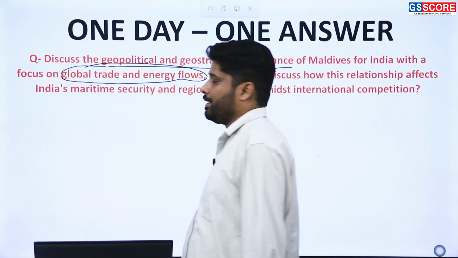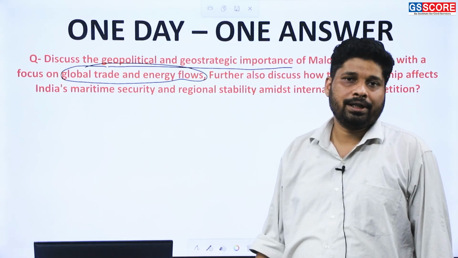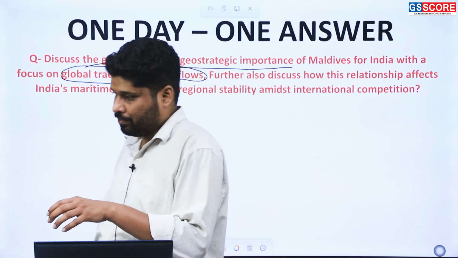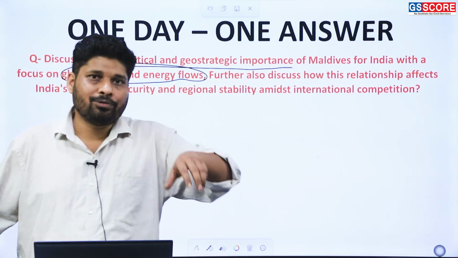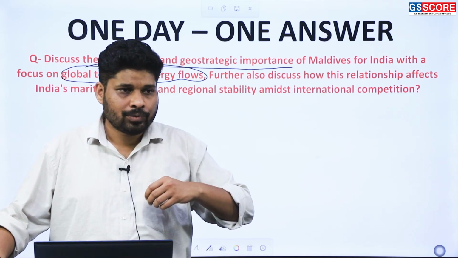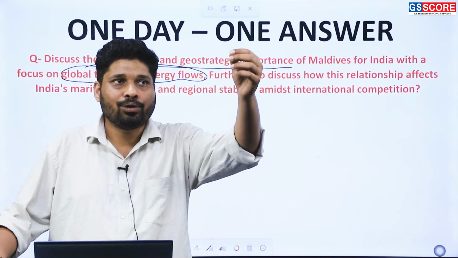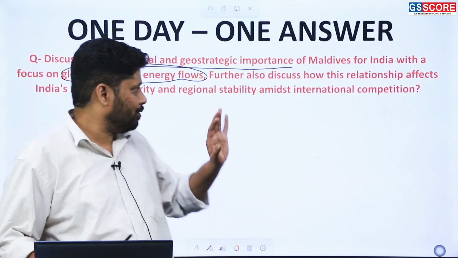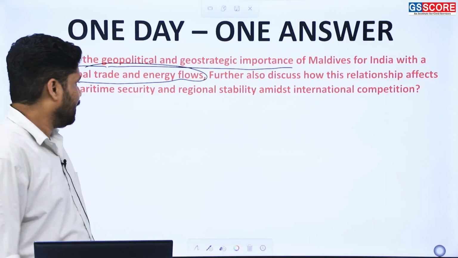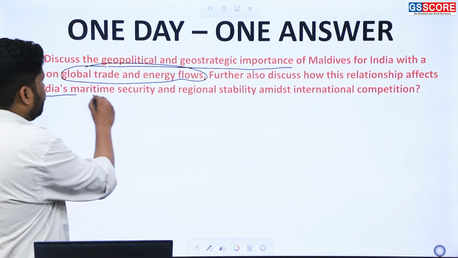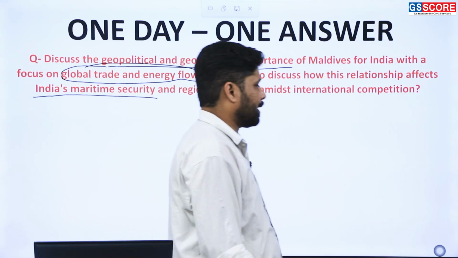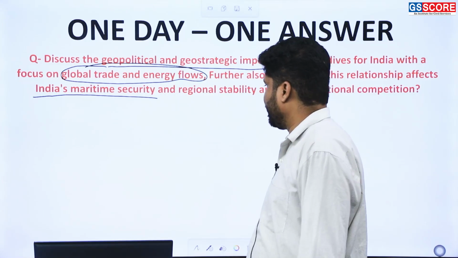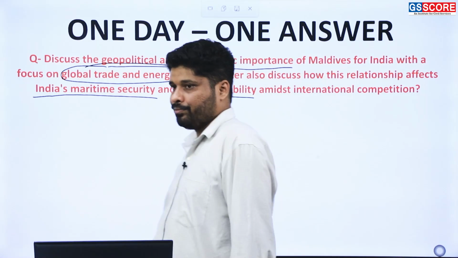global trade and energy flow. That means the location of Maldives, the oceans surrounding it, and the role that Maldives can play over navigational traffic has to be mentioned, and also the overall impact that India's relations with Maldives will have on maritime security of India and also regional stability has to be mentioned.